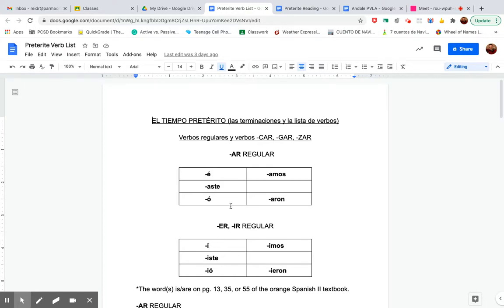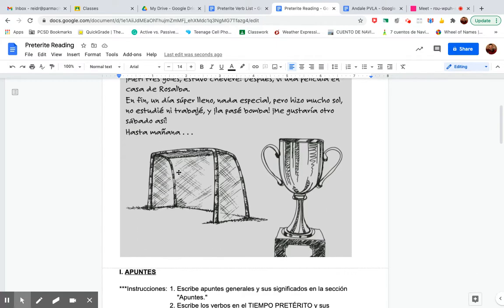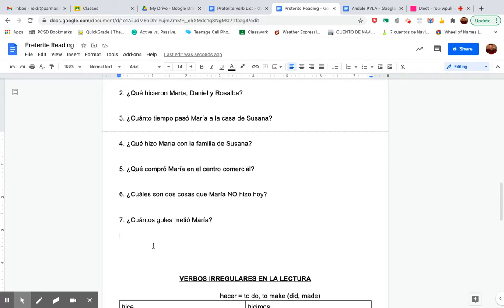So it is meter, which means to score. So what she says is, I scored 3 goals. She says, I scored. But you have to write, she scored. Okay, you don't write Maria, and then you copy what it says in the reading.